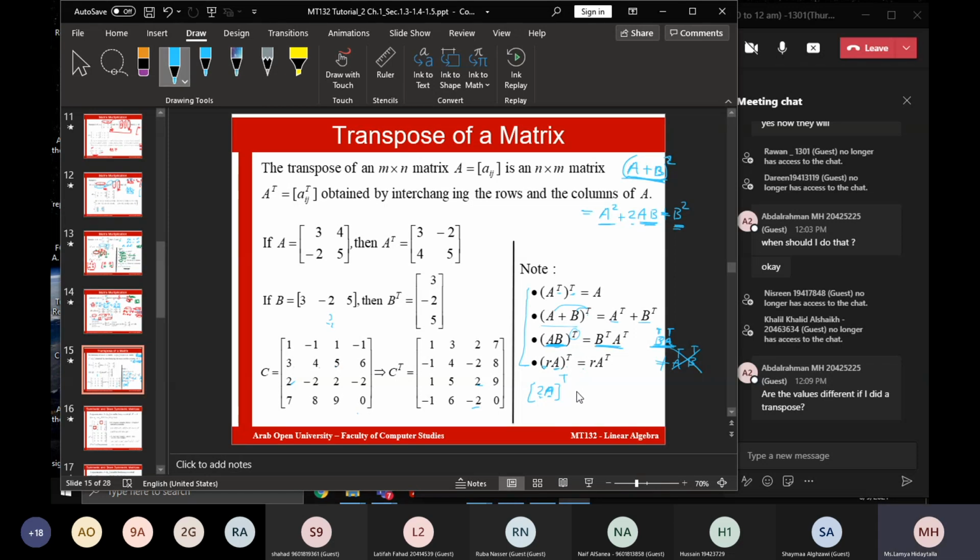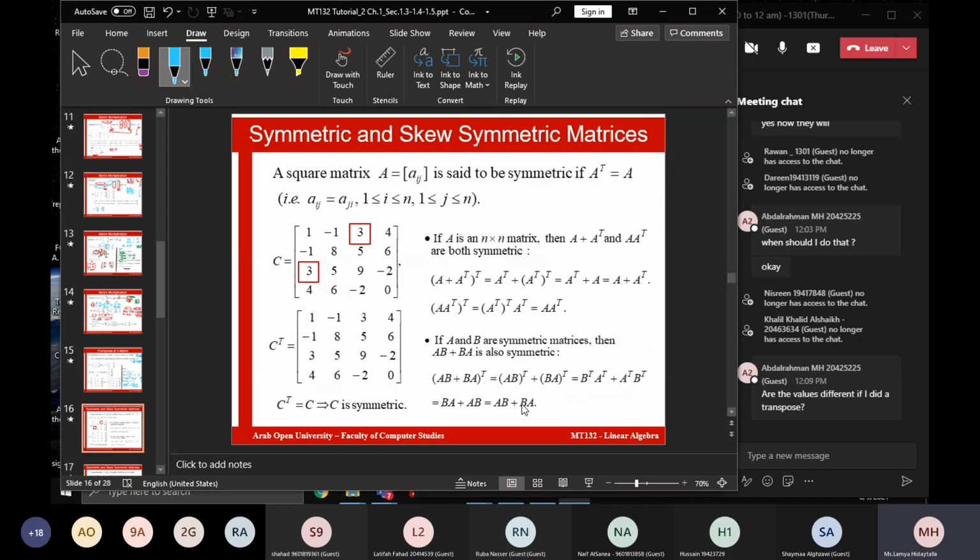Or else take the 2 out, first find the A transpose, and then at the end multiply the 2 after finding the transpose. So when the matrix is multiplied by a constant, I can multiply first and then find the transpose of the matrix, or find the transpose first and then multiply. It's the same. Okay, we stop here unless you have a question.